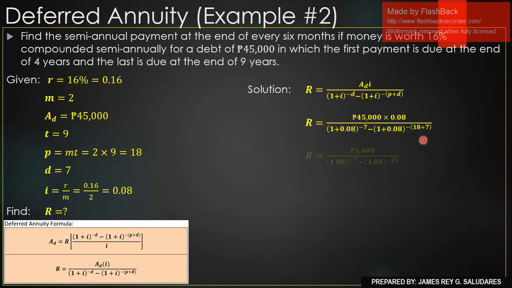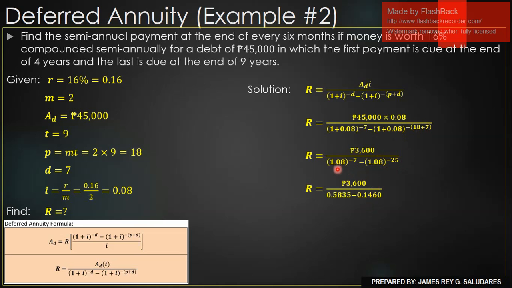Okay, and simplify further. 45,000 times 0.08 is 3,600. Then add what is inside the parentheses. 1 plus 0.08 is 1.08, and 18 plus 7 is 25. Simplify further the denominator. Just copy the numerator.